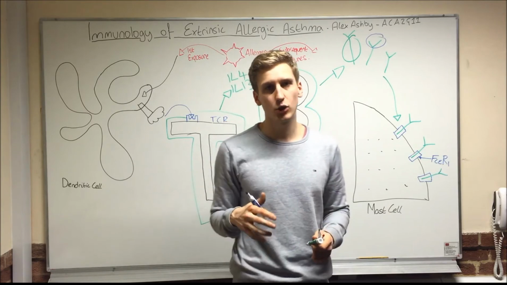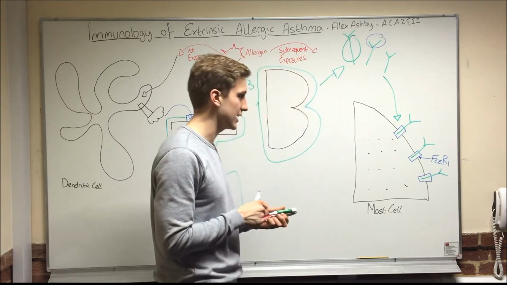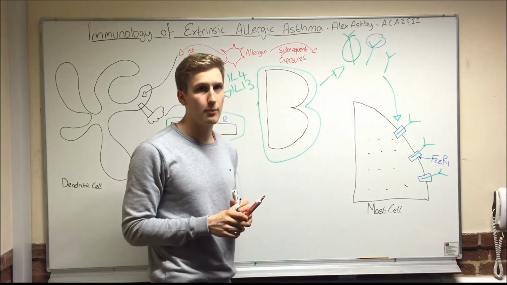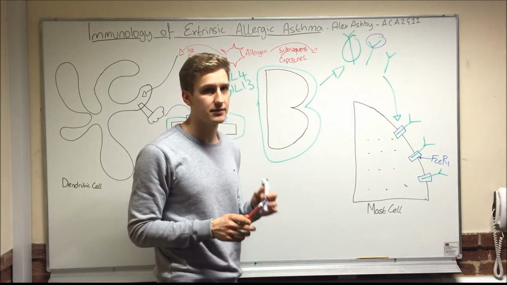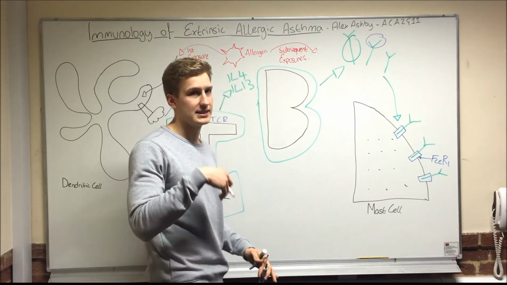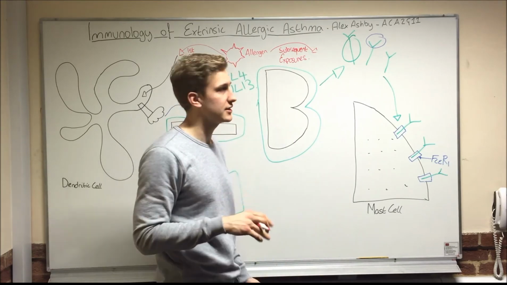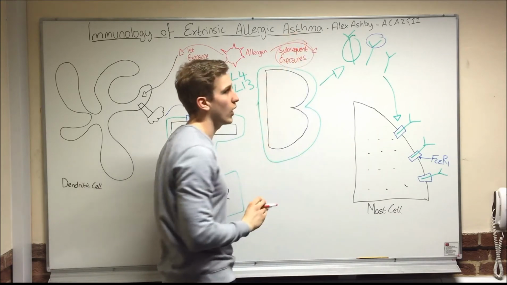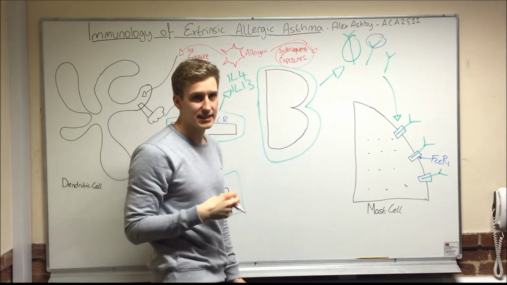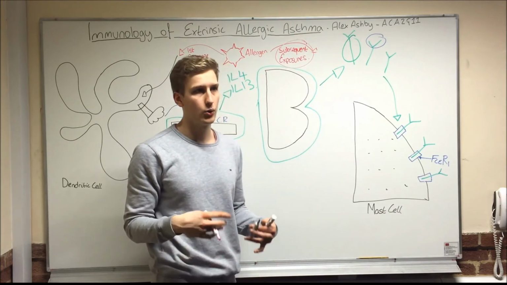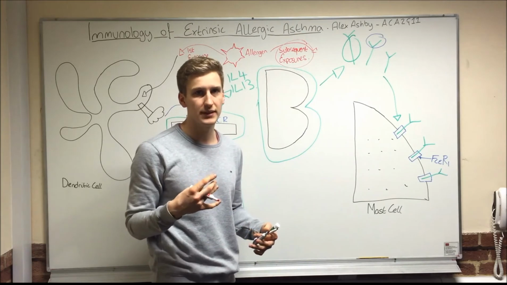Okay, so let's talk now about the subsequent exposures of the allergen. If you remember from the start, this is all about mast cell degranulation and activation. The mast cell from the first exposure is primed, but it's not activated and it hasn't degranulated. So, subsequent exposures, what happens? The allergen again is inhaled because the patient has come across the cat dander or the house dust mite feces again.